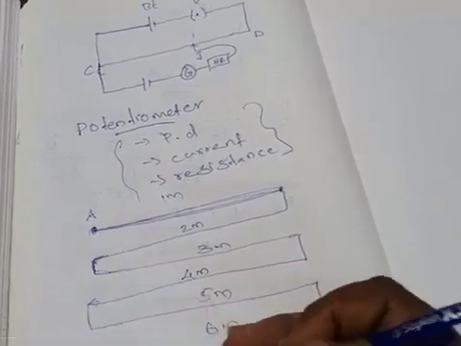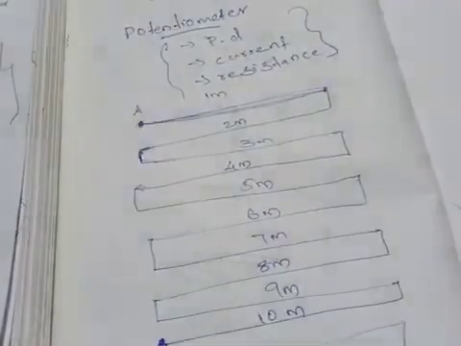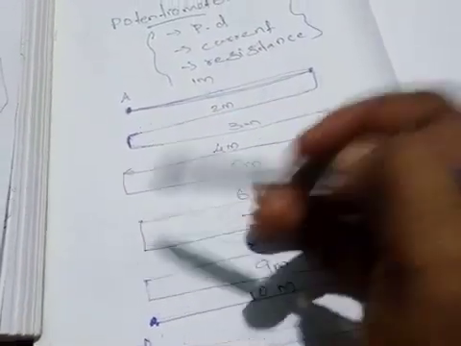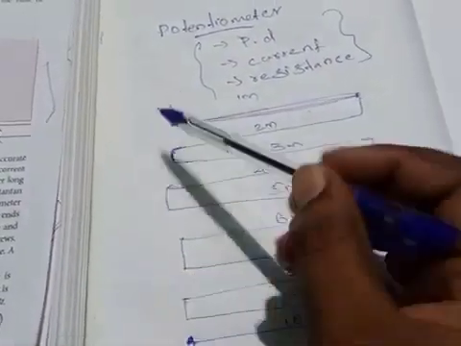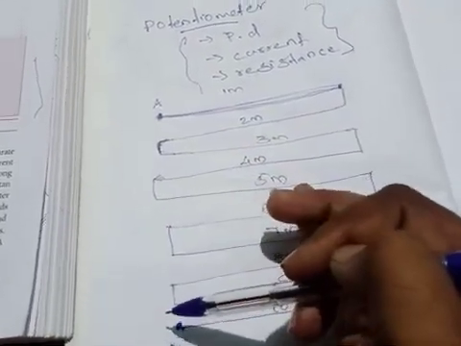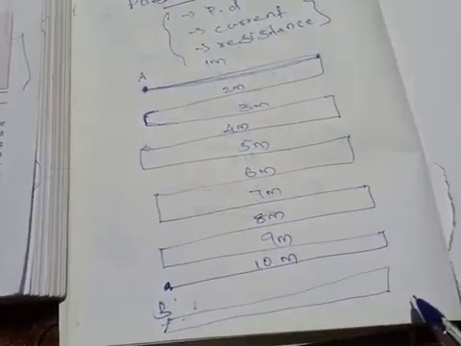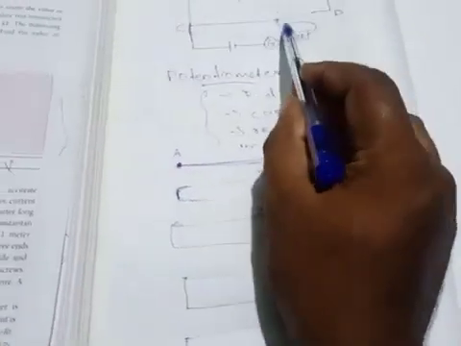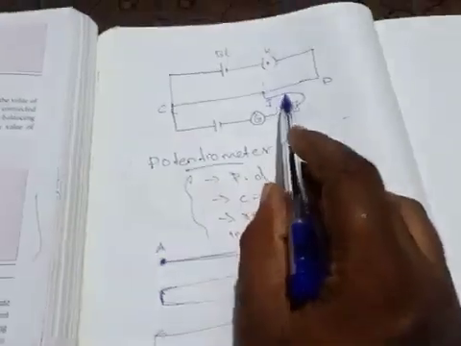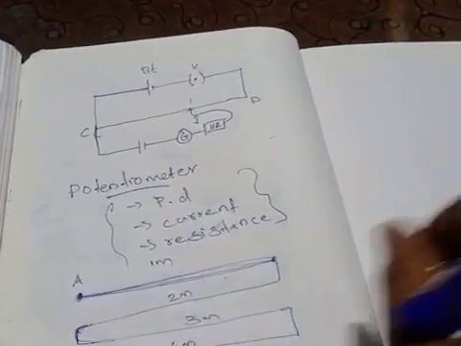You can see these two free ends, you can keep them as A and B. These two ends A and B are brought to the same side and fixed with binding screws on this wooden board. And a meter scale is also fixed parallel to this wire, and also a jockey. A jockey is provided to make a contact. That is the first thing.